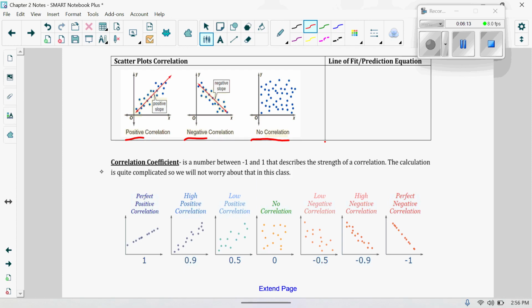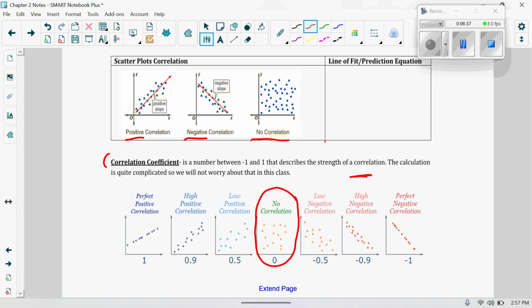And we have what's called a correlation coefficient. So that's a number anywhere between -1 and 1 that describes how close together our dots are on our graph. So right in the middle at 0 is our no correlation point. And anytime we have negative correlation, it becomes negative.